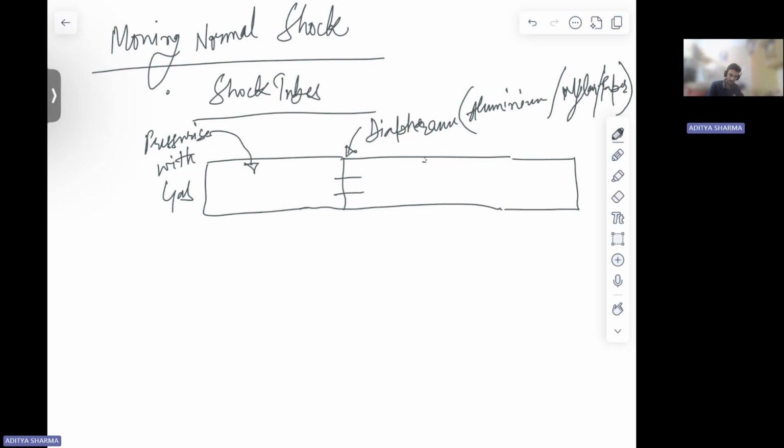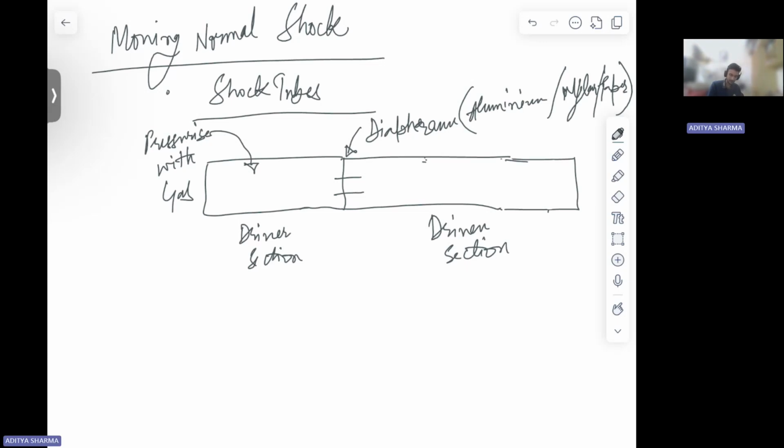So there are lengths defined. What should be the length of this section related to the driver section? What should be the length of the driven section? Okay.